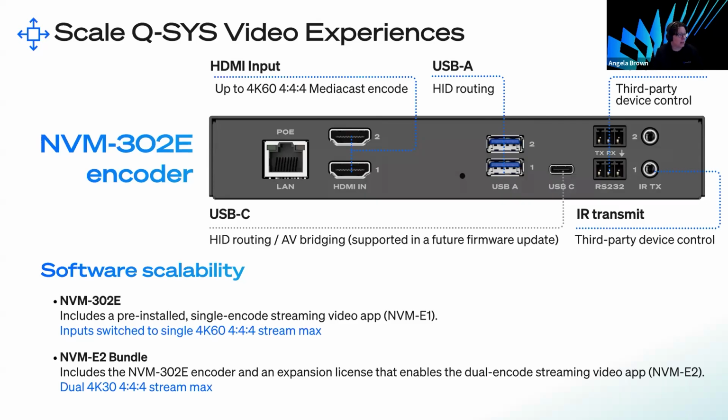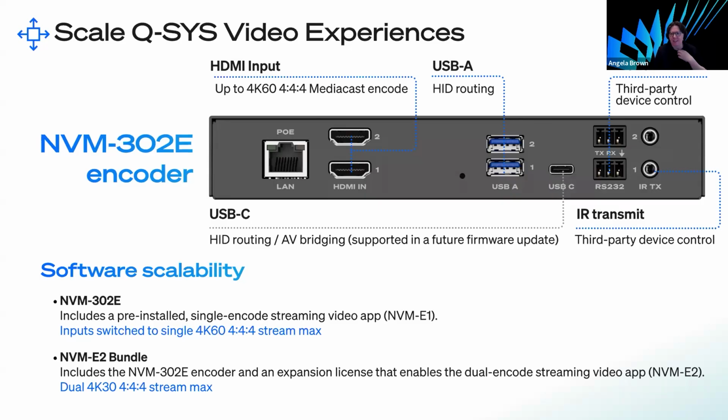And then when you buy the NVM E2 bundle, it's the same box and the same encoder, but you can then do two 4K 30 444 streams out of that with the license on board. You can also, if you have a 302E and need to upgrade it, buy the license.